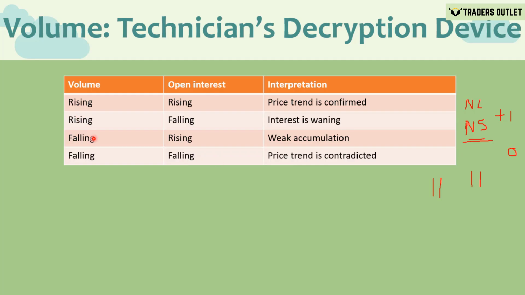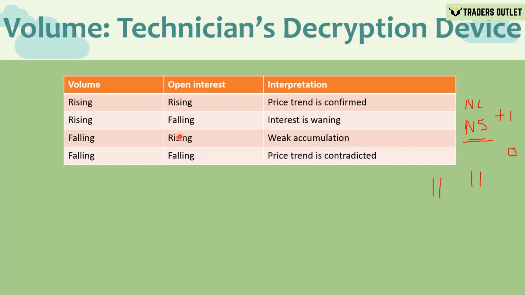On the other hand, if volume is falling but open interest is rising, then it means that interest is slowly being generated. It's an accumulation phase. The volume is decreasing, so fewer trades are happening, but these are new market participants.